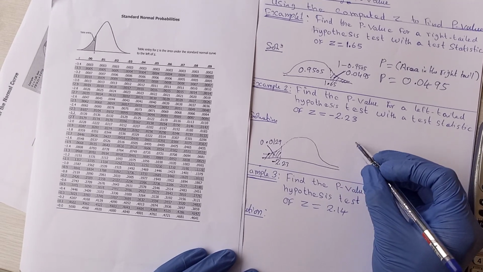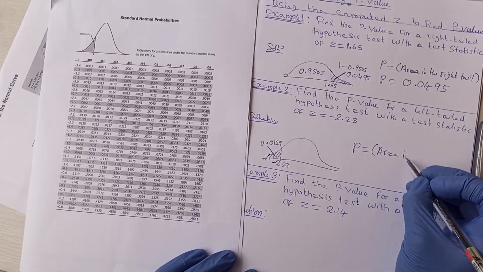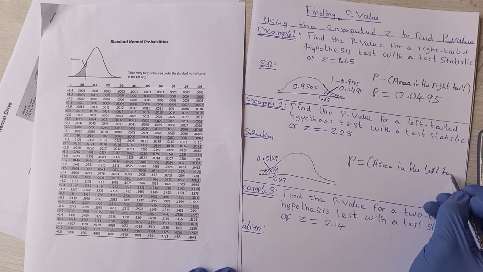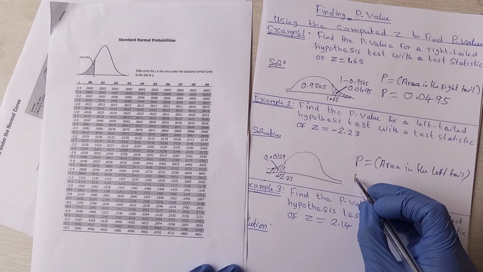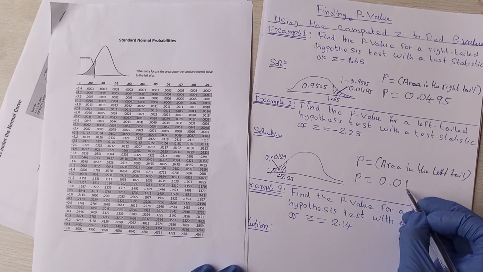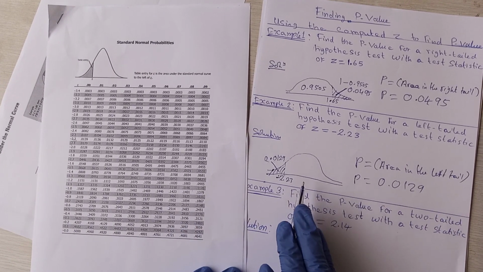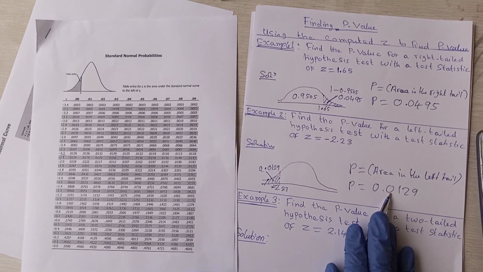So in this particular one, the p-value is the area in the left tail. Then what is the area in the left tail? 0.0129. So therefore the p-value is 0.0129. This is a left-tailed hypothesis test, so the area in the left, which is this. So that's the p-value.